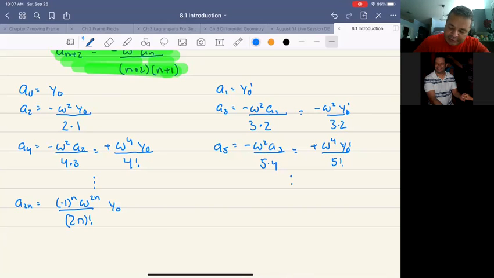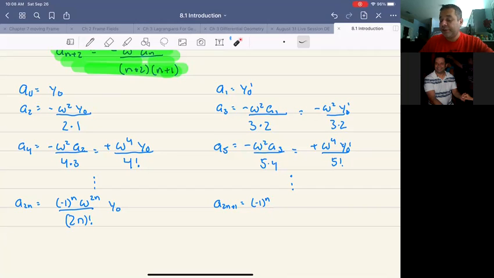For the odds, a sub 2n plus 1. Let's make sure we have the signage right. So this is n equals 0, this is n equals 1. So negative 1 to the n. What I'm doing here is the typical thing. For n equals 1, I need it to have a negative, so that's why it's this way.